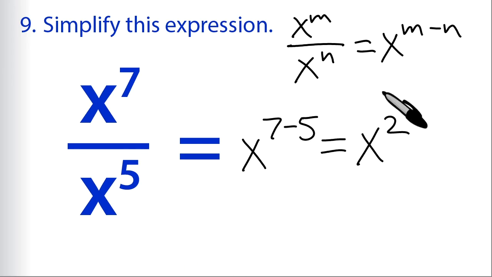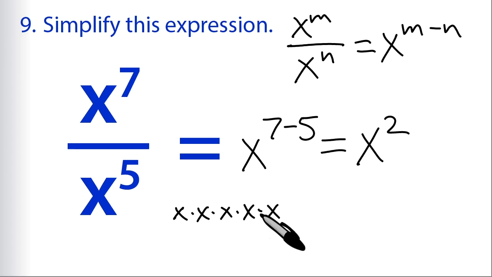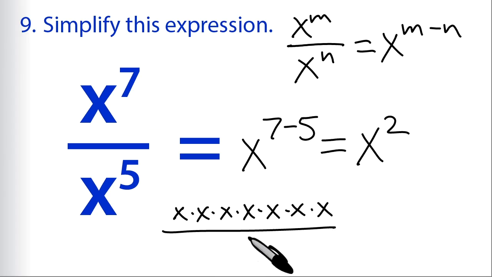And if you forget this rule here, you could figure this out by just thinking about what it really means. We have 7 x's being multiplied together. That's what x to the 7th means. And that's over 5 x's being multiplied together.